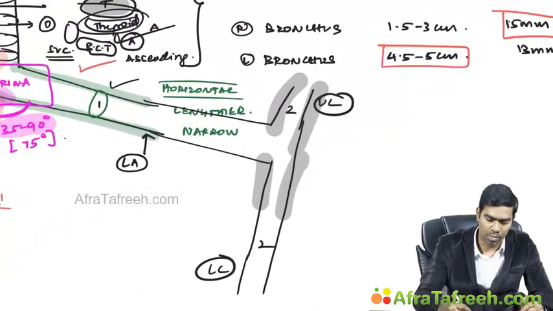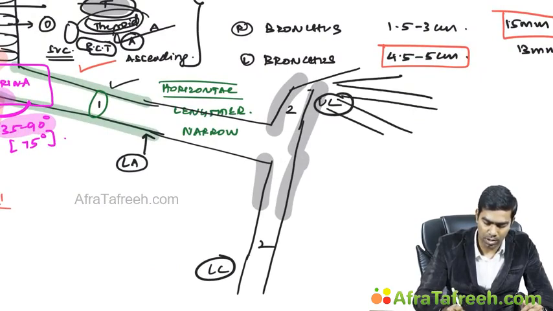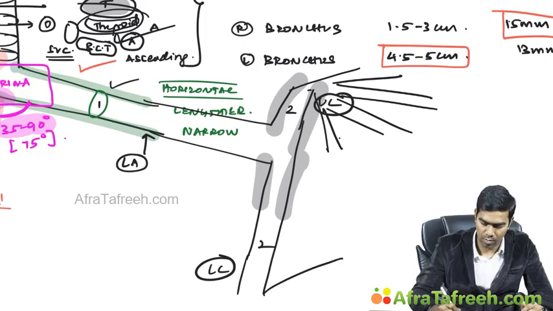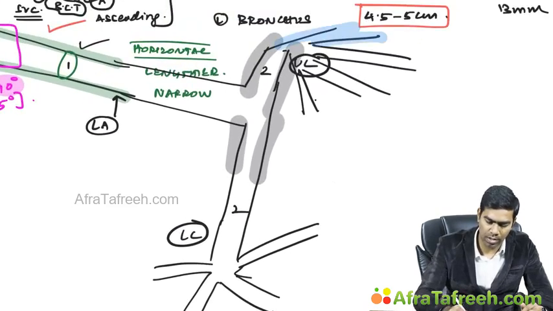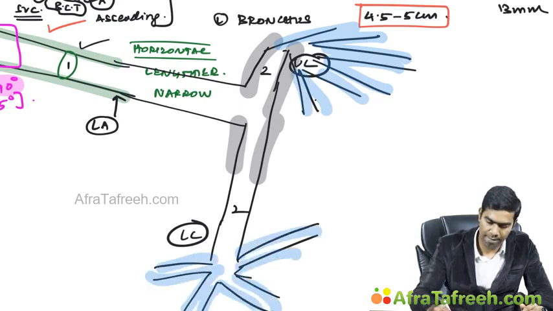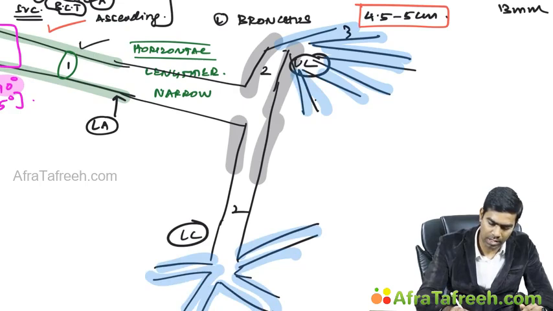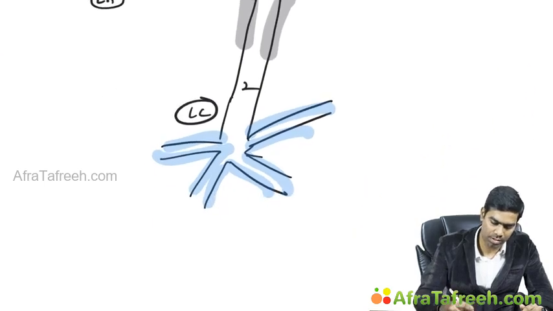Similarly, you have bronchopulmonary segments on the left side. Let me put 1, 2, 3, and 4, and 1, 2, 3, and 4. So how many bronchopulmonary segments are there on the left side? This is generation number 3, the third generation of bronchus, airway division.